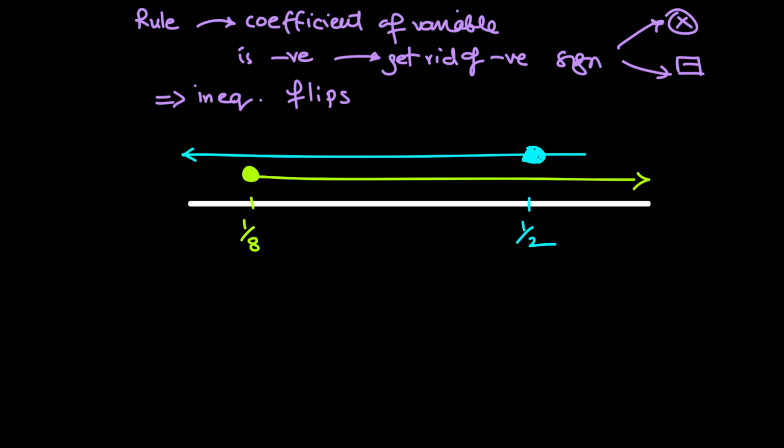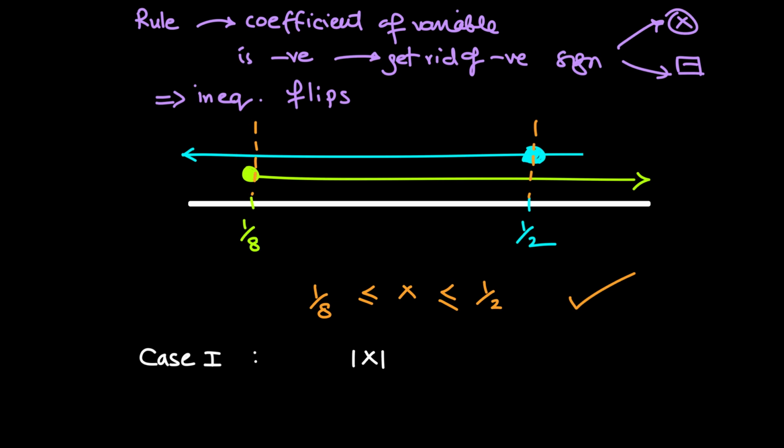The inequality is moving this way. Therefore, the overlapping region is the answer. Therefore, x lies between 1 over 8 and 1 over 2. So that is the first case that we discussed for modulus inequality, in which modulus is on the left hand side because that is how we opened it up. Less than or equal to a, this will always break up into x lies between negative a and positive a.